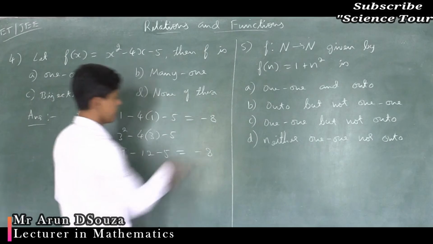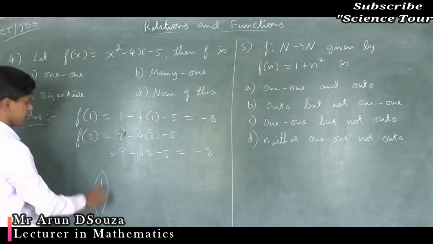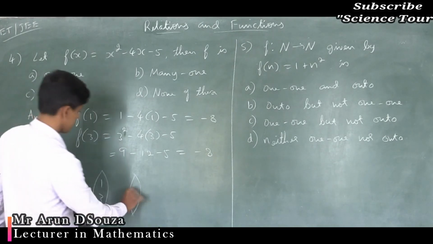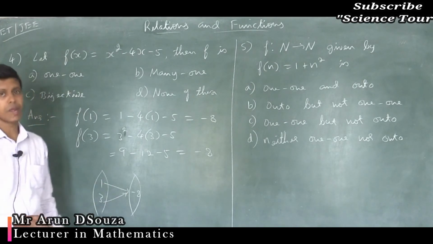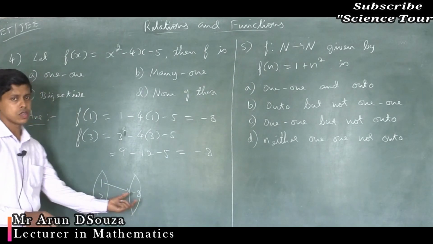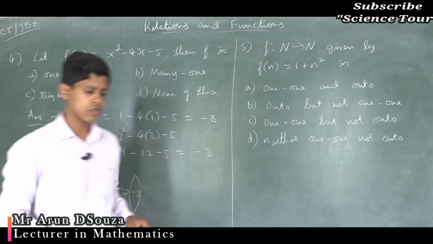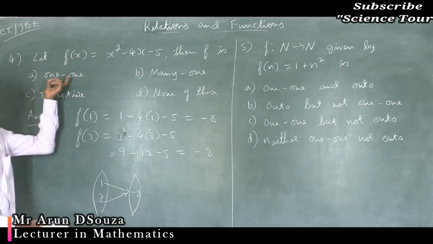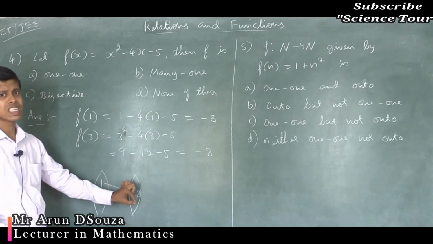Once again you are getting minus 8, which tells us that 1 will go to minus 8, 3 also will be mapped to minus 8. So that means it is many 1. So this example is enough to say that this is many 1 function and it is not 1 1, because you are getting 2 elements which are mapped to single element there.